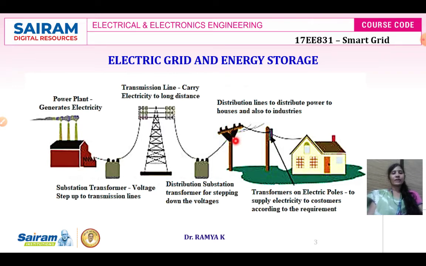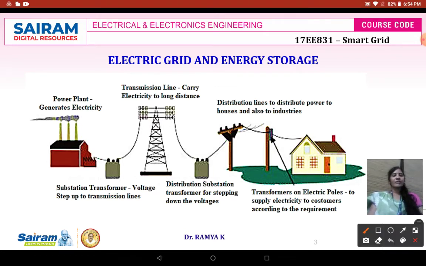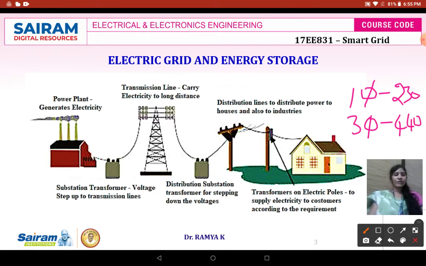The industrial customer or household will nominally get either a single phase supply or a three phase supply. For single phase supply, the phase voltage is going to be 230 volt or 220 volt. If it is three phase, it is going to be 400 volt or 440 volt according to the standard we use.